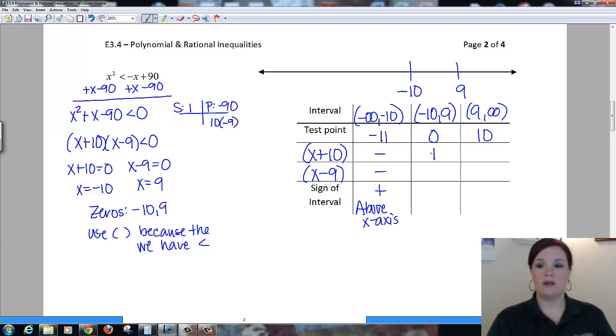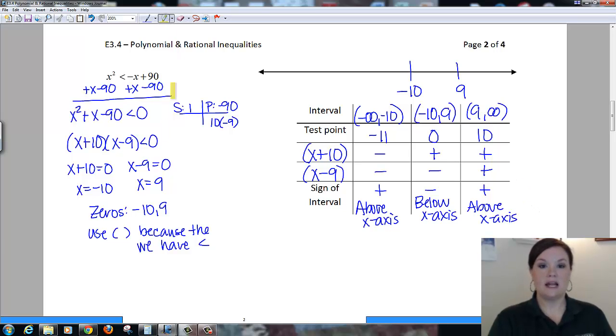When I plug 0 in, I get a positive. When I plug 0 into my second factor, I get a negative. Positive times negative is negative, which means that my y values for this interval are below the x-axis. And for 10, when I plug 10 in, I get a positive and a positive, which gives me a positive interval, which means my y values are above the x-axis.